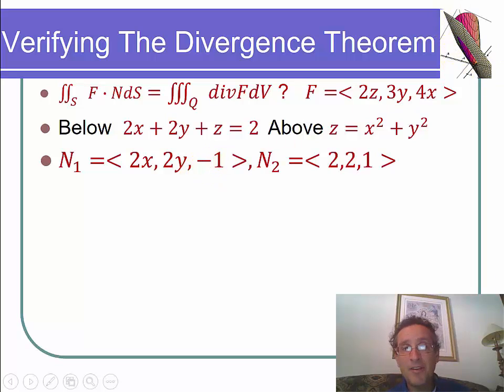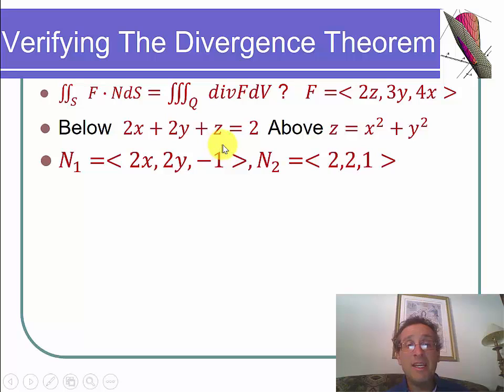For the top surface, it helps if I solve for z and say that z is 2 minus 2x minus 2y. Notice that for the top surface it points upwards, so I will let my k component be 1, and I'm going to take the negative of the partial derivatives with respect to x and y.